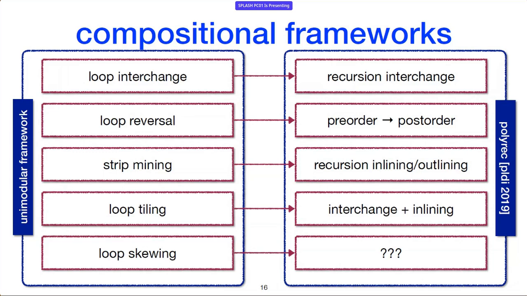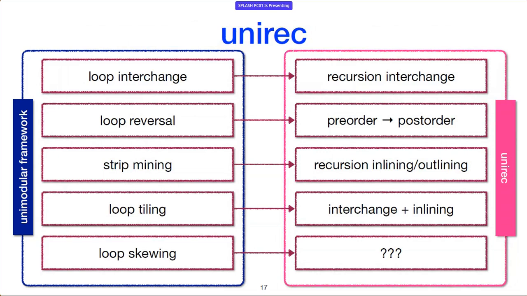So the unimodular framework can deal with loops, but it can't handle recursion. PolyRec, the existing recursive framework, can handle those first four transformations, but doesn't have an analog for loop skewing. And so what I'm going to tell you about today is something that does both. It can do everything the unimodular framework can do, as well as everything PolyRec can do.